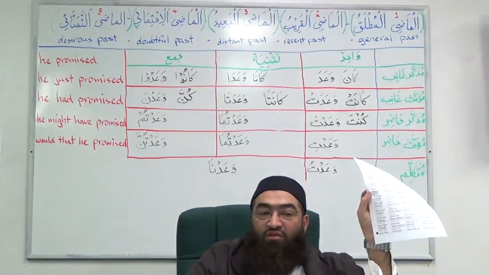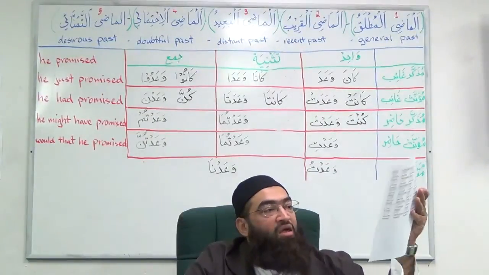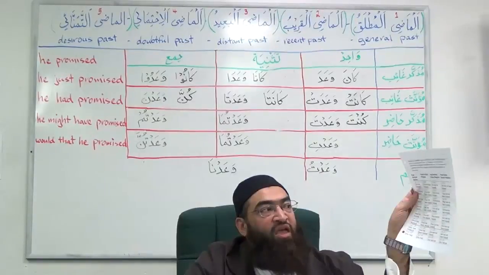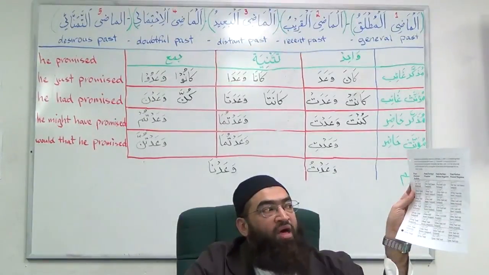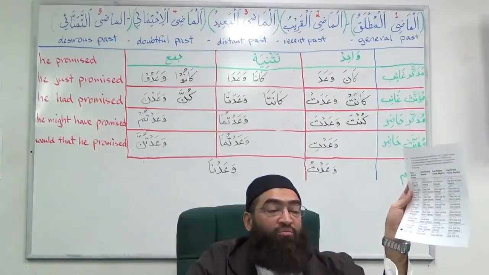So this should be easy to understand. And then the same thing as qad, you can put a mim alif in the beginning of it and make it negative. So ma kana nasara, he had not helped. And then ma kana nusira, he had not been helped.